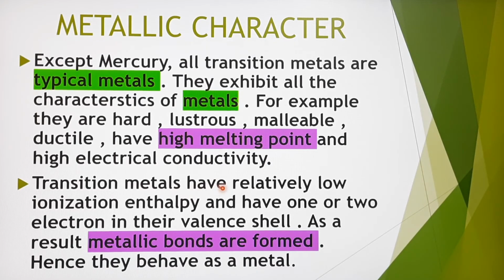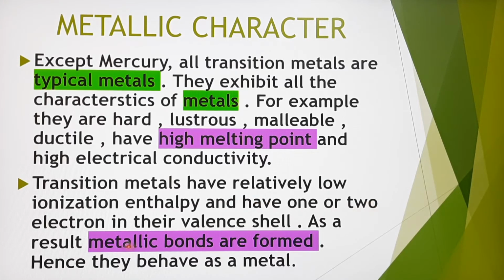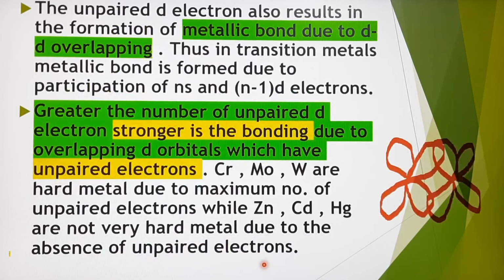These transition metals have relatively low ionization enthalpy as compared to p block elements and have 1 or 2 electrons in their valence shell. As a result, metallic bonds are formed, hence they behave like a metal. Now if we study metallic bonding in transition elements, how are metallic bonds formed?